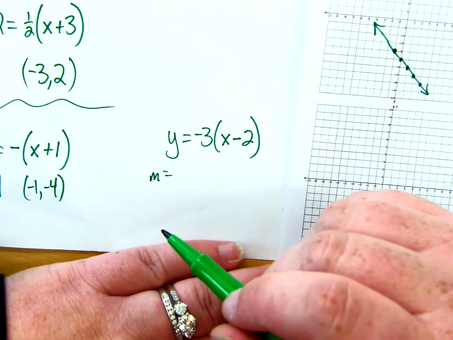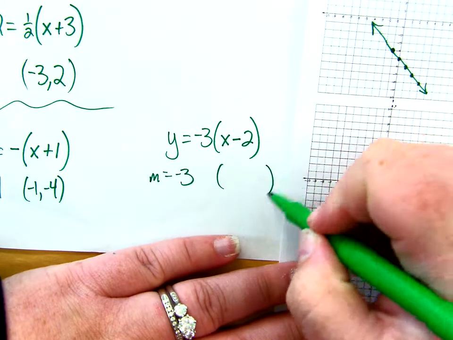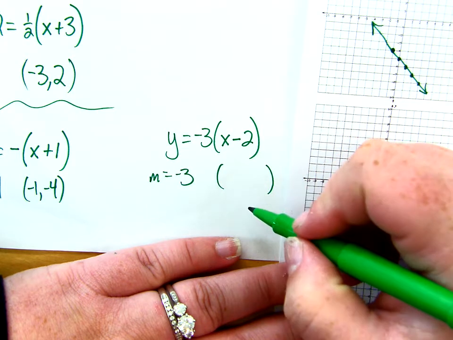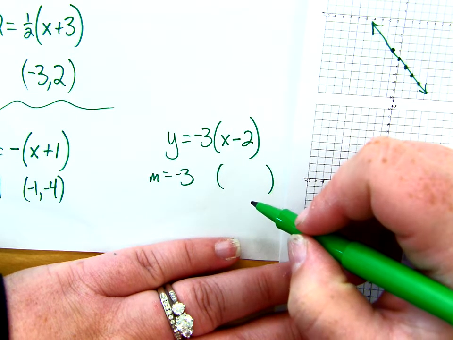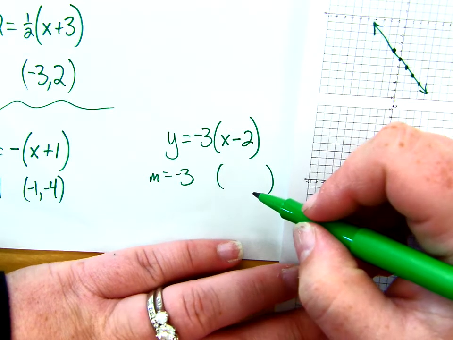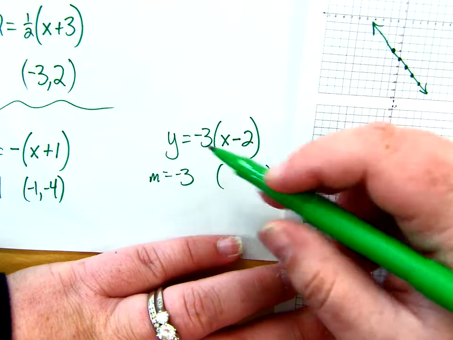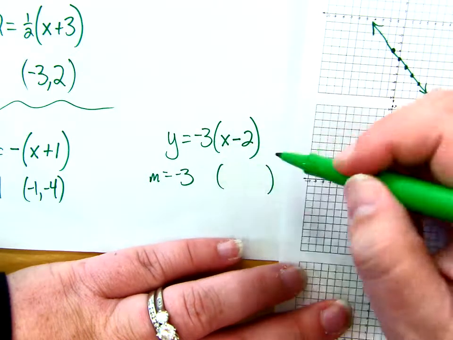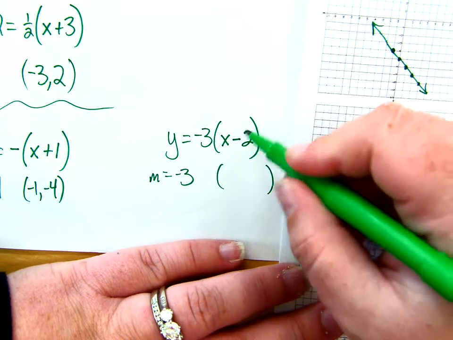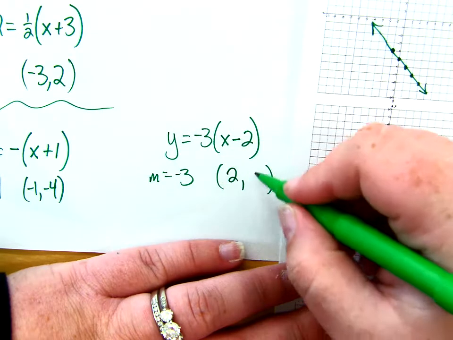What's the slope of this one? -3. And what is this other point? If you're doing slope-intercept form, your y-intercept is 6. You're right about that. But the other random point that they gave me without me having to do anything. Lily, go ahead. 2, 0. Oh. Yeah, it's the opposite of this number, comma, this number. There is no number there, so it's just a 0.